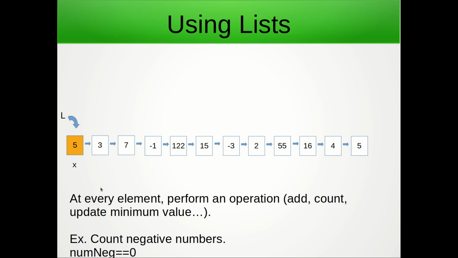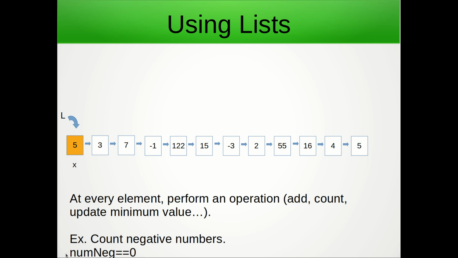Let's see an example of this. For example, I may want to count how many negative elements my list has. In order to do that, I will use a simple algorithm that visits every element, all of them in order, and then for each element it checks whether or not this element is negative. If it's not negative, it doesn't do anything, and if it's negative, it updates one counter.